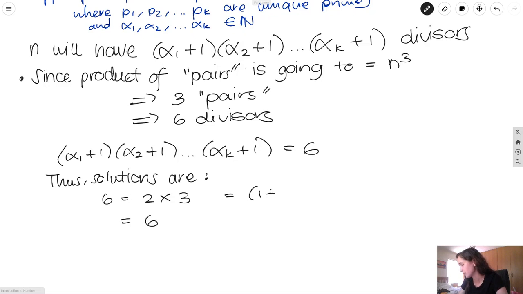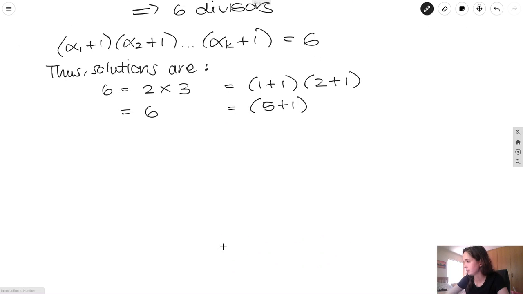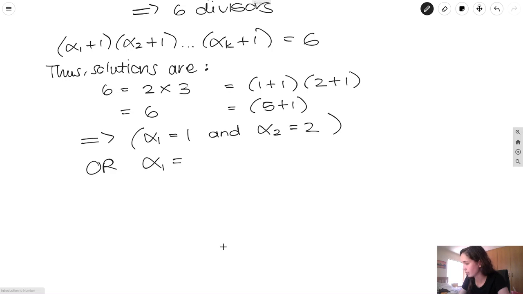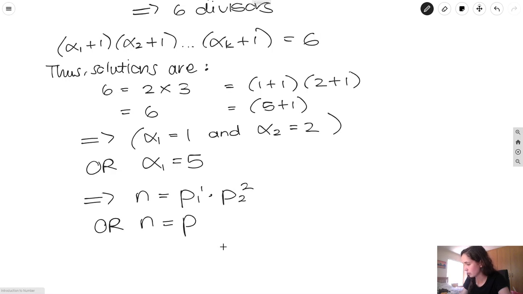In other words, it's going to be equal to 1 plus 1 times 2 plus 1, or it's equal to just 5 plus 1, which means either we have alpha 1 equal 1 and alpha 2 equal 2, or we have alpha 1 equals 5, which means n is either equal to p1 to the power of 1 times p2 to the power of 2, or n is going to be p1 to the power of 5.